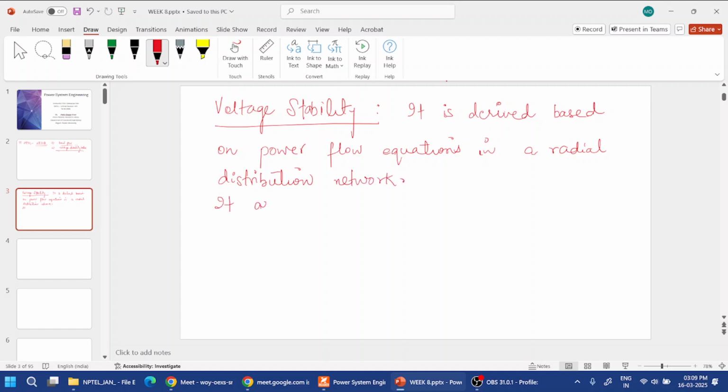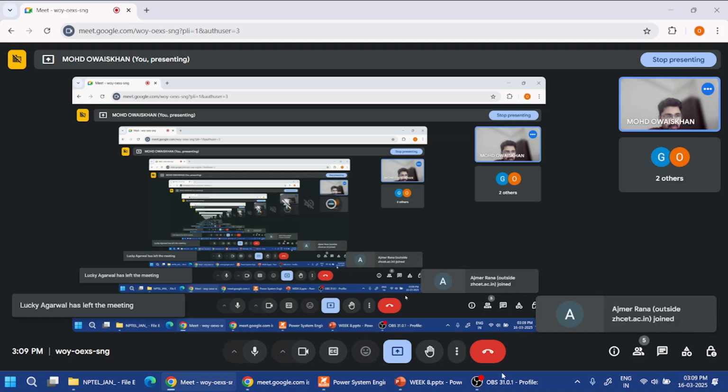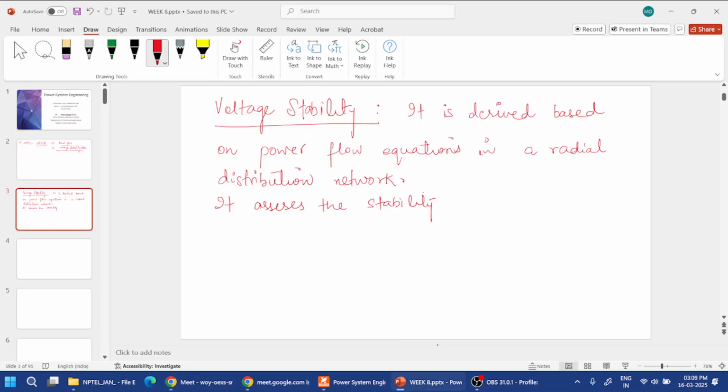It assesses the stability of any bus, like how stable that bus is.